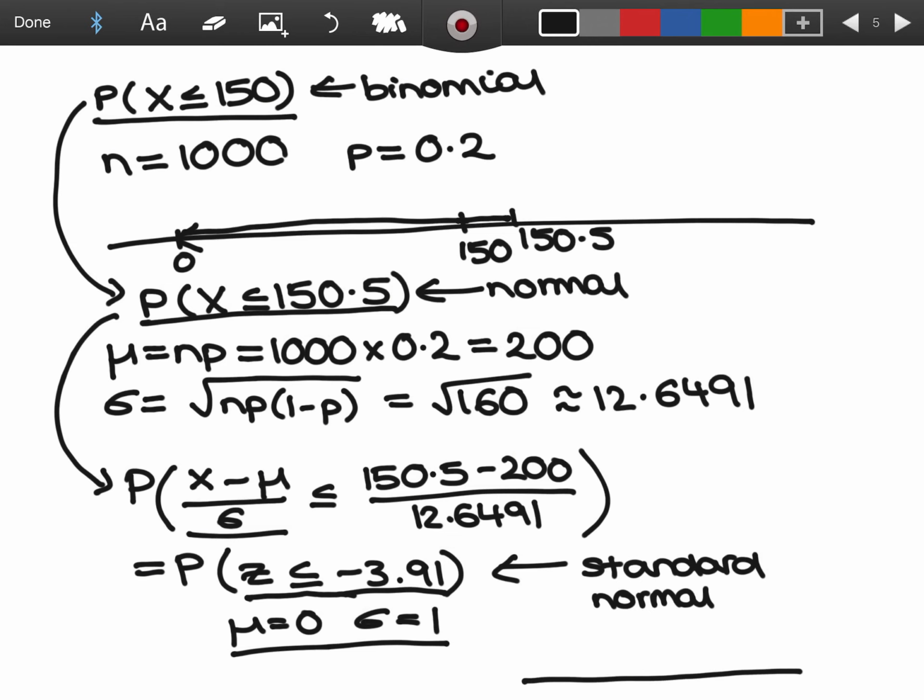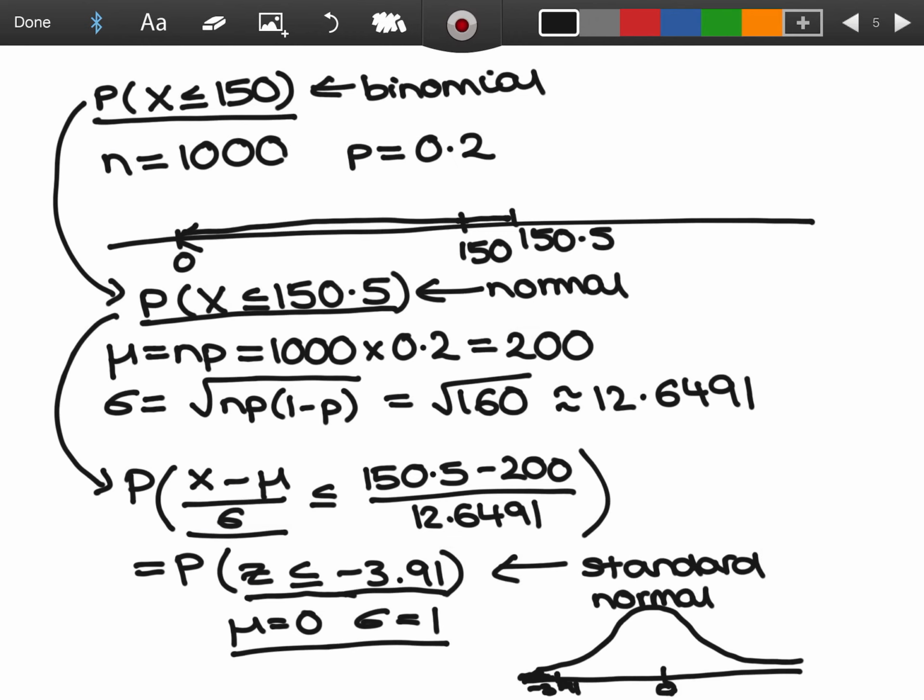Okay, so if you think about our curve here, if your mean is here, so your mean is now 0, it's asking negative 3.91, if I can draw it down here, you're asking what is the probability that you're all the way down here.